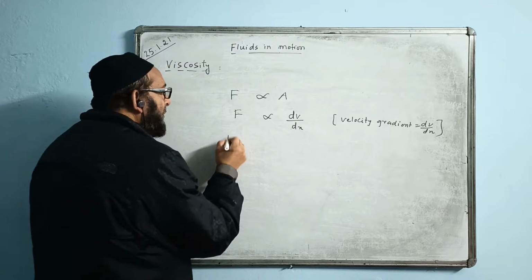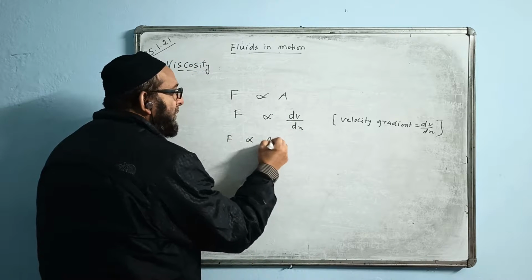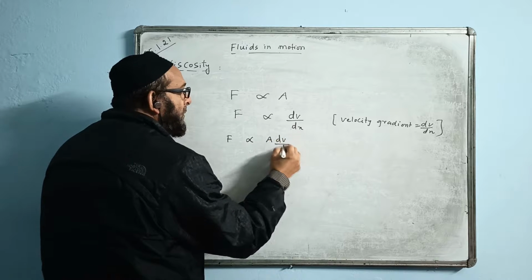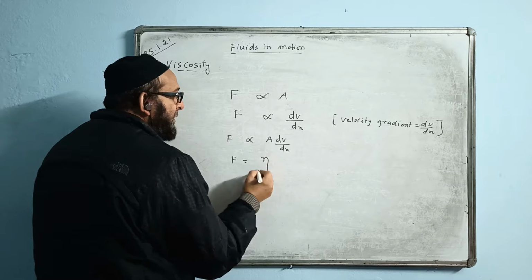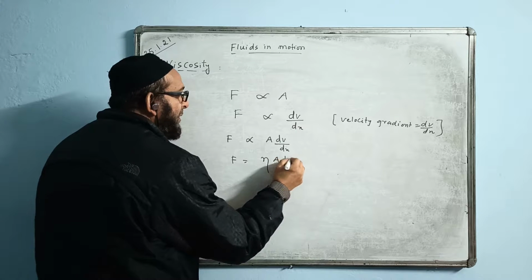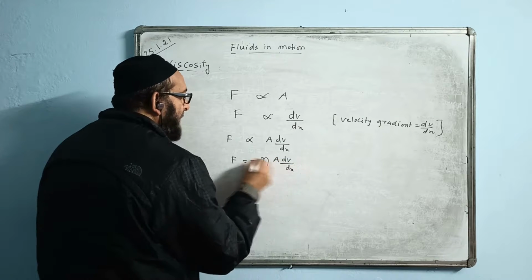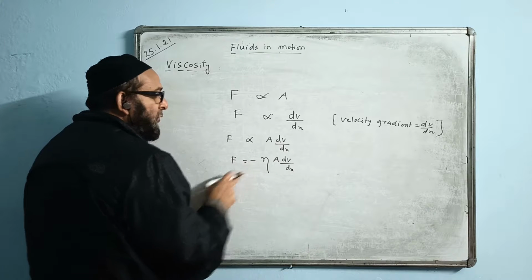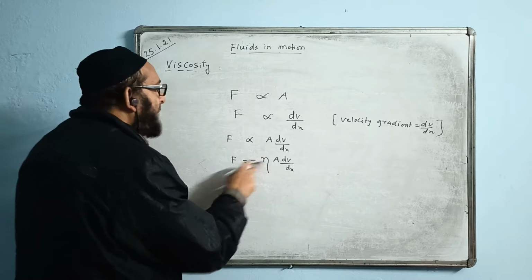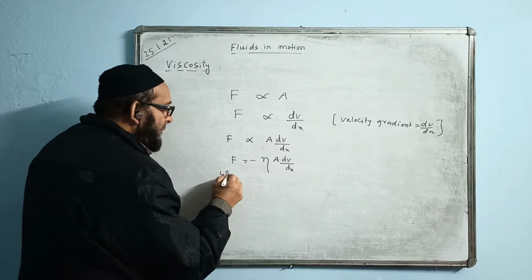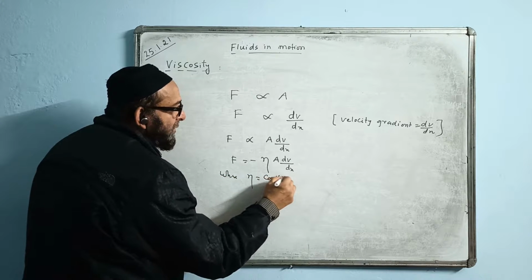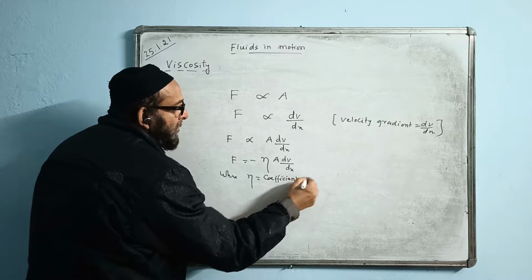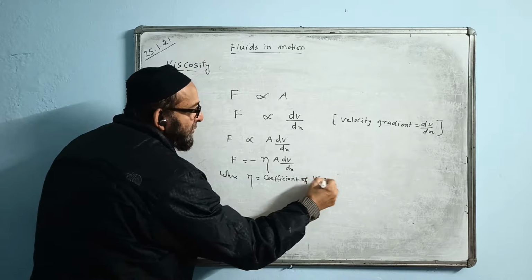If we combine the two proportionalities, we get F equal to minus eta A dV by dx. The minus sign is to oppose the flow, and the constant eta is known as the coefficient of viscosity.